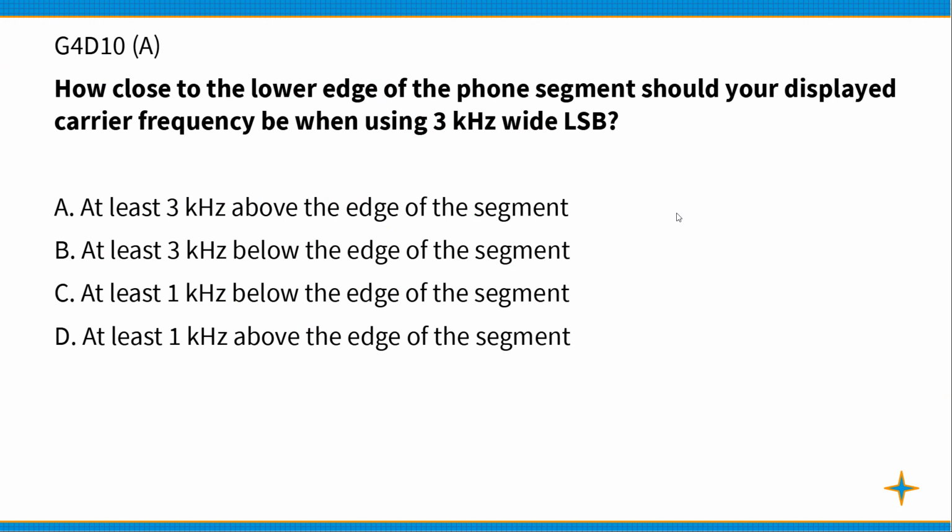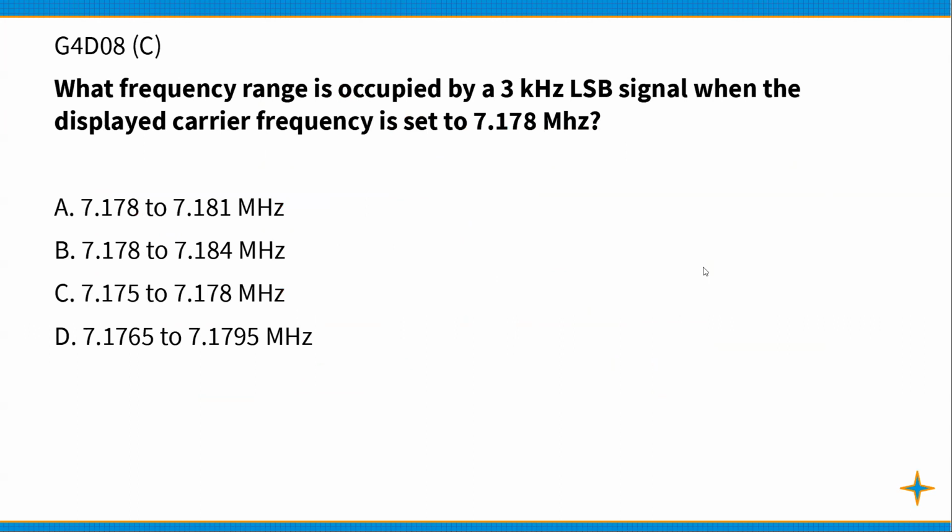How close to the lower edge of the phone segment should your displayed carrier frequency be when using 3 kilohertz wide lower sideband? Above. All right, 3 above. What frequency range is occupied by a 3 kilohertz lower sideband signal when the displayed carrier frequency is set to 7.178 megahertz?